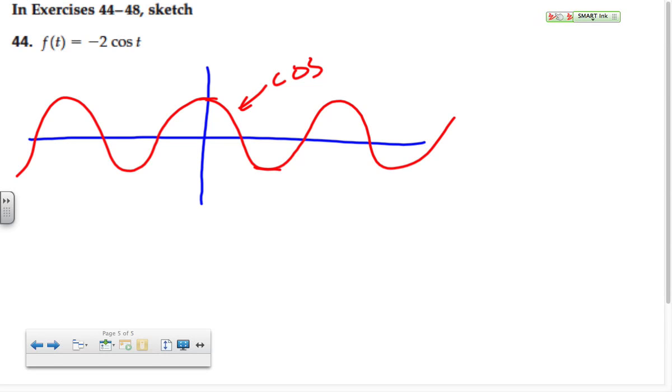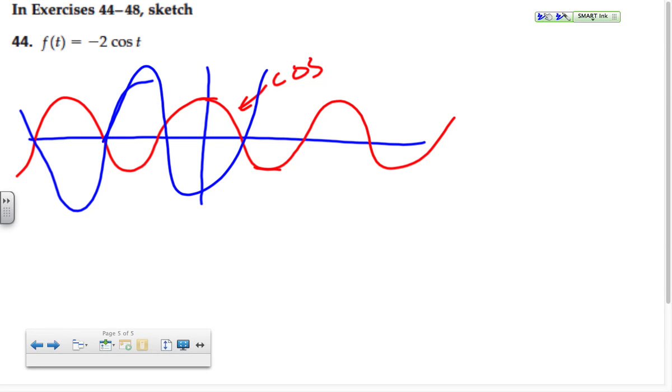Now, if I want to talk about what's going to happen with this, first of all, it's going to reflect. So my loops are going to be in the opposite spots. The second thing it's going to do is a vertical stretch. So I'm going to stretch my graph by 2. I need to go up a little bit further. Again, the picture's not perfect.